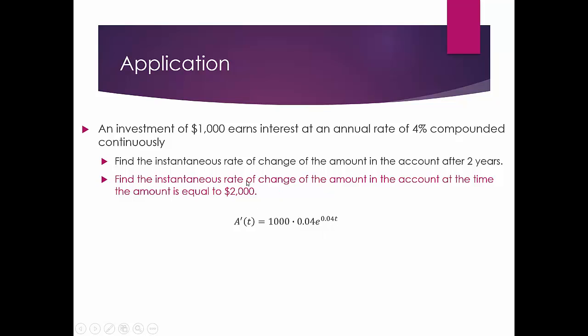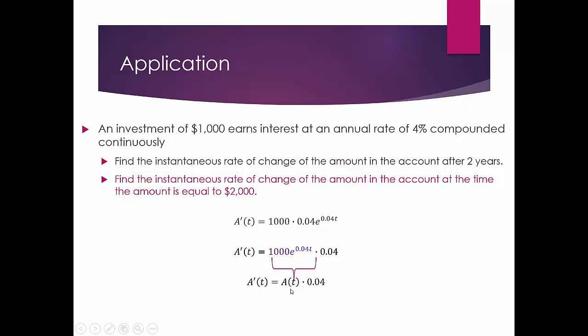Well, if I go back and look at this piece, this 1,000 times this e to the 0.04t, I just move these around in order. This gives me back my A of t, that's my original A of t.